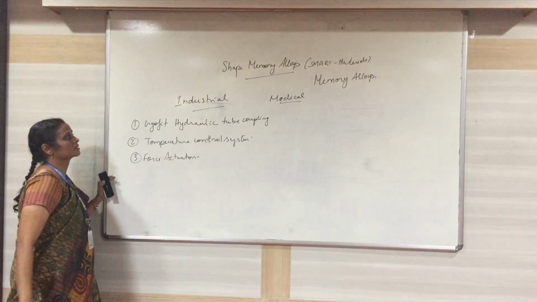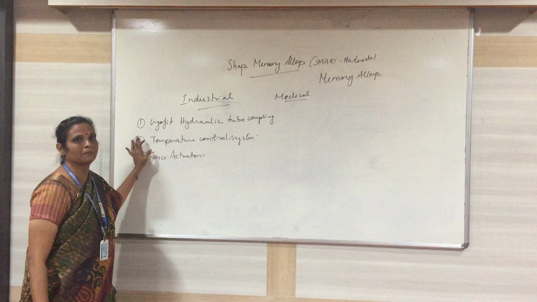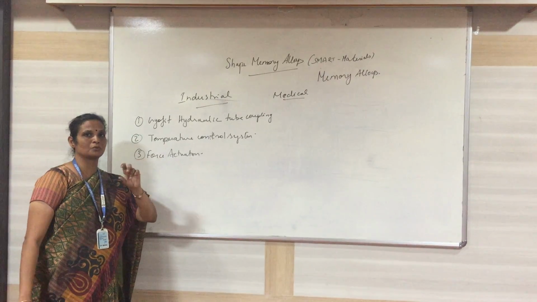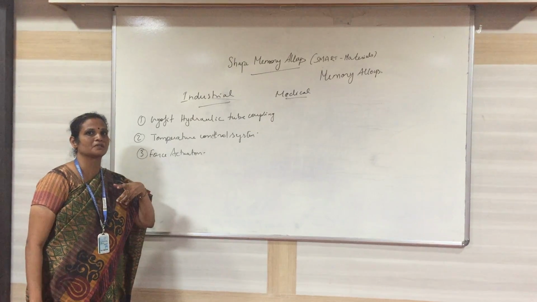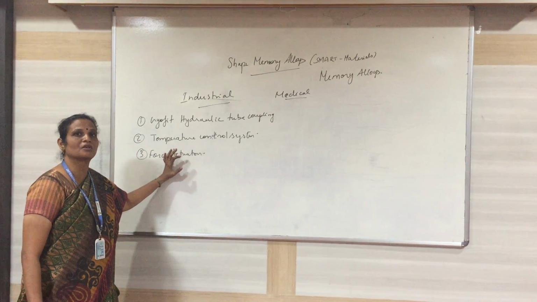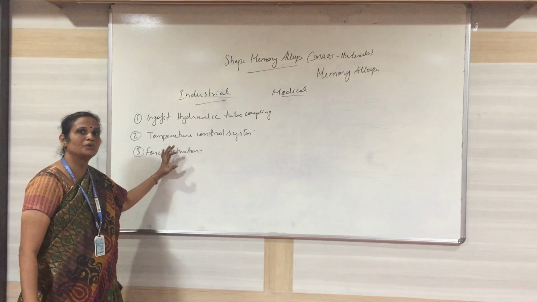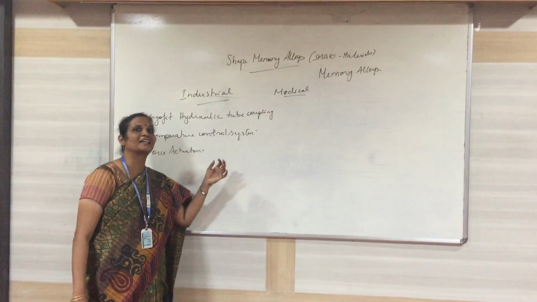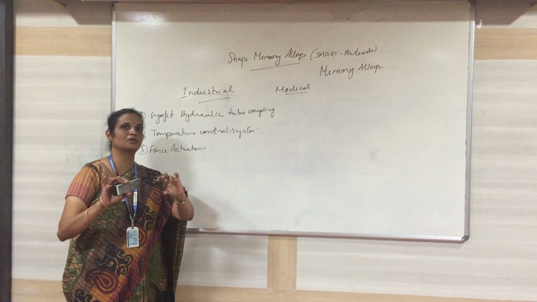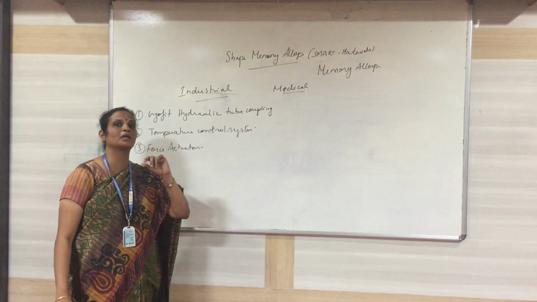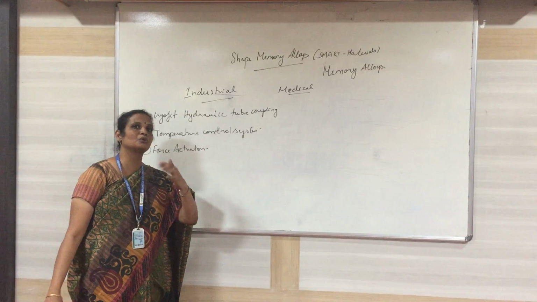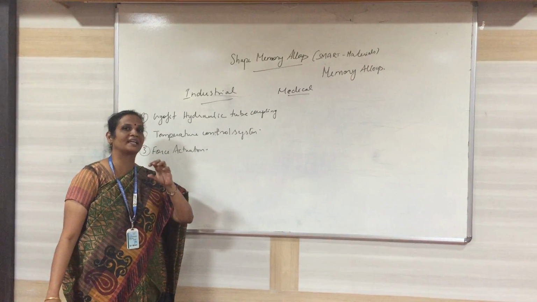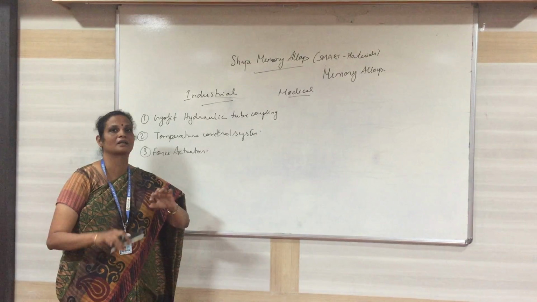When we take cryofit hydraulic tube couplings, joining two tubes together is highly difficult. Either we have to apply the welding process or some other process. As shape memory alloy has a unique property, due to the change in temperature, it can change its shape. So to join two tubes, you can insert a shape memory alloy between the two tubes, and due to temperature variation, it gets fixed between the two tubes and they get connected.